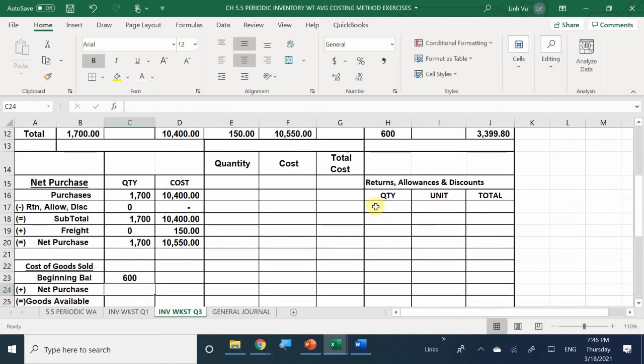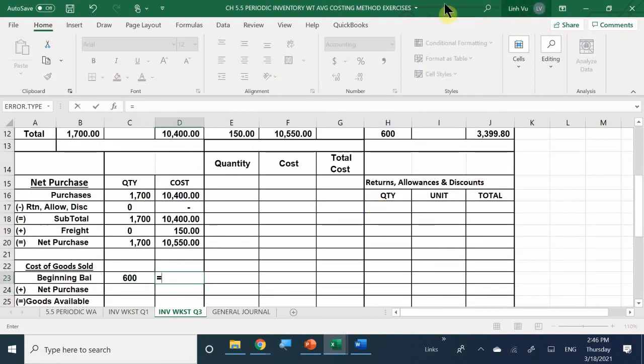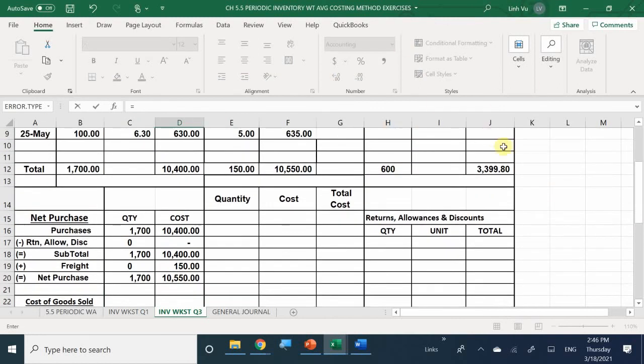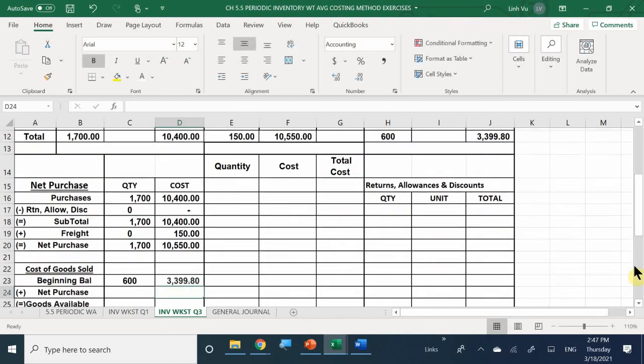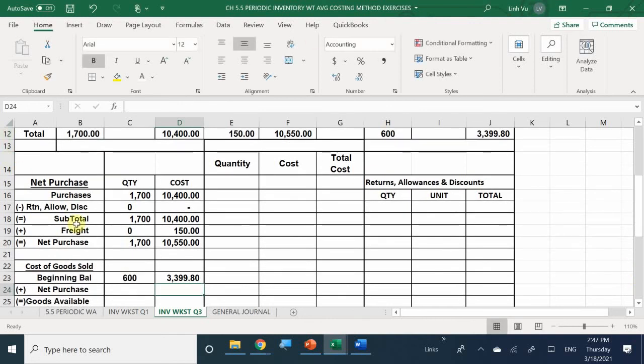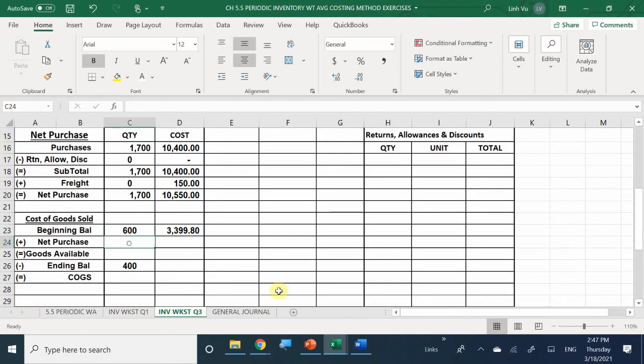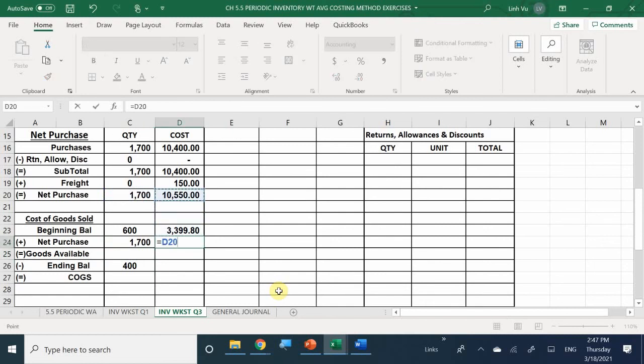And at what cost are those 600 items? $3,399.80. Good. All right. We're going to copy the net purchases from right above because we solved for them already. So we're going to bring down that 1,700 and that 10,550. It says net purchases, so that's where you're going to place it.